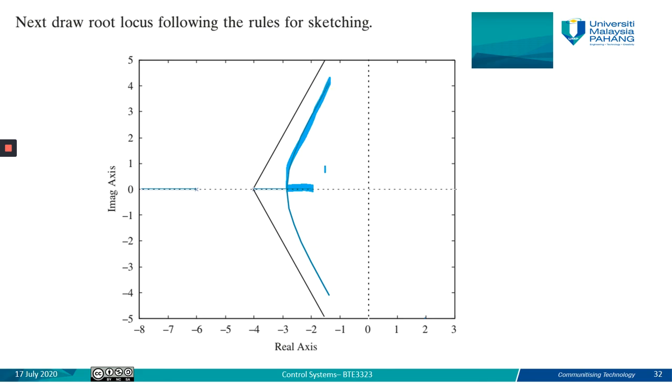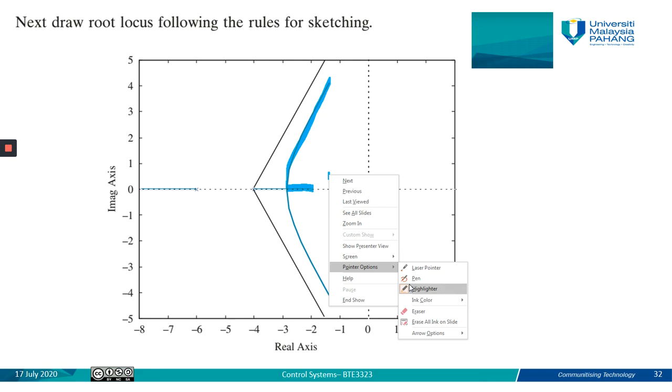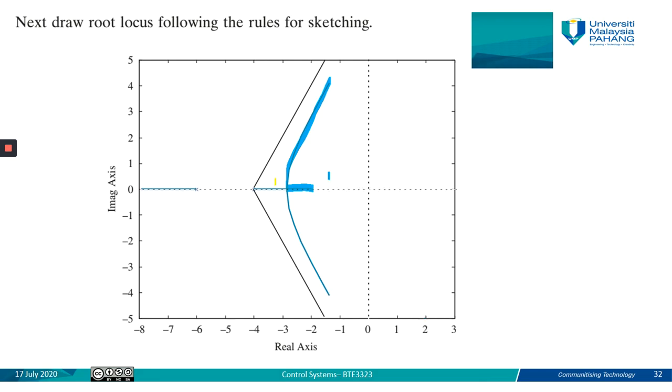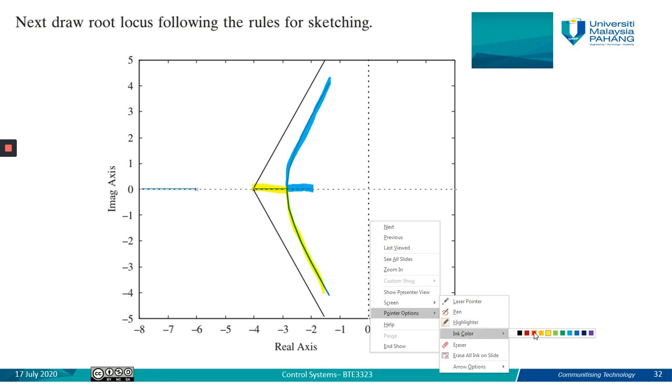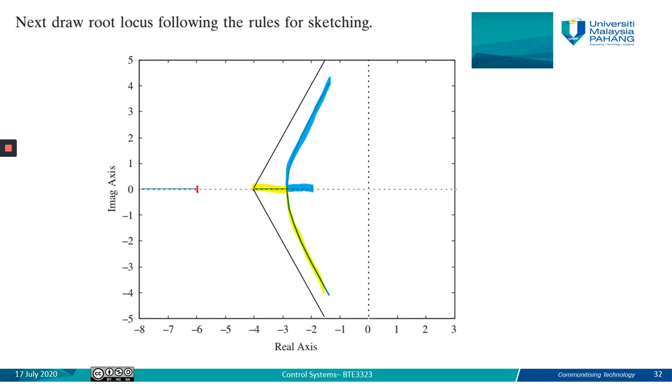So the second root locus, for example, starts from this pole and goes to infinity also with the other asymptote. The third segment of the root locus, since we have three poles, that means we have three segments. The third segment starts from this pole and goes to infinity.